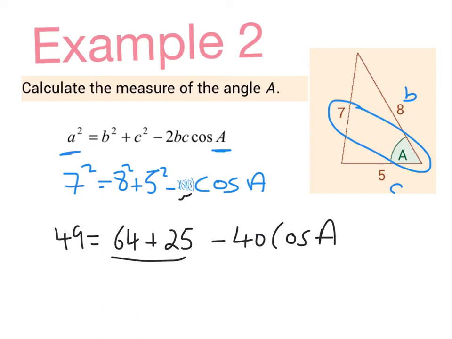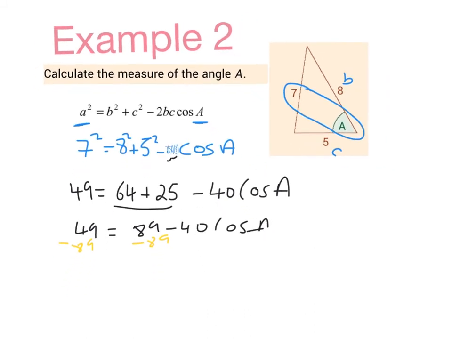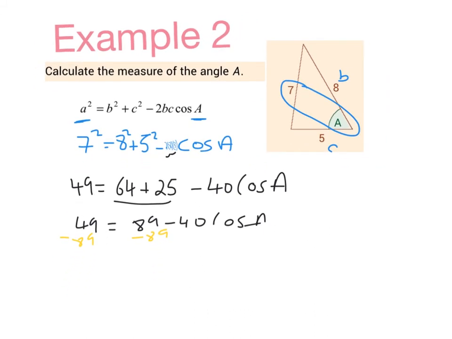I think so. So I've got 49 equals 89 minus 40 cos A, minus 89 on both sides. So I'm getting minus 40 equals minus 40 cos A.